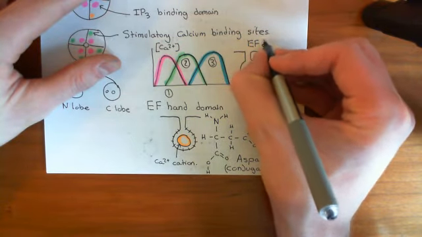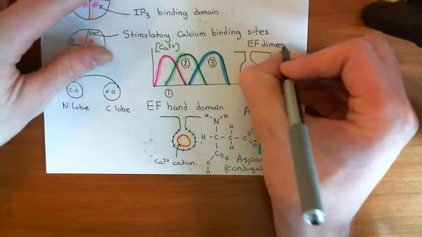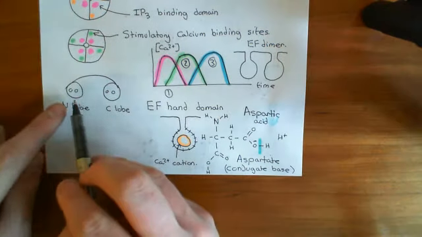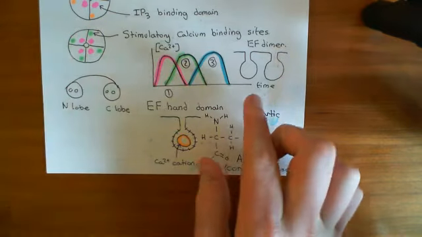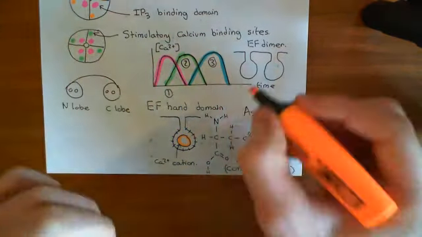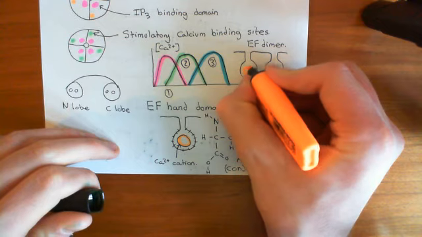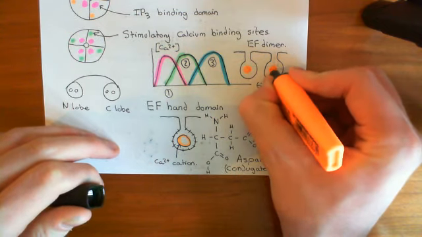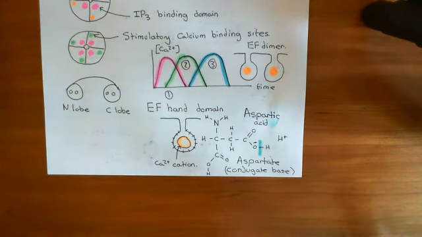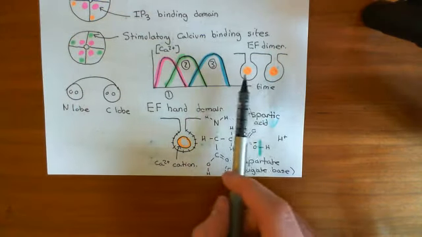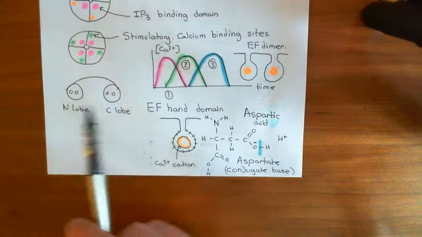Okay, so an EF dimer, and this is what happens in the N and C lobes of calmodulin. Basically, you can bind effectively two calcium ions, one in each of these loops of the EF domain, but you combine them next to each other. And that's what you've got here.